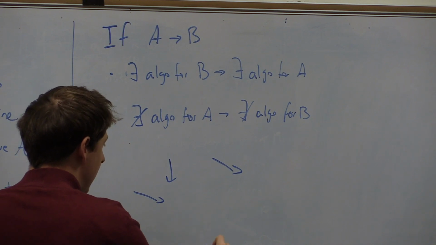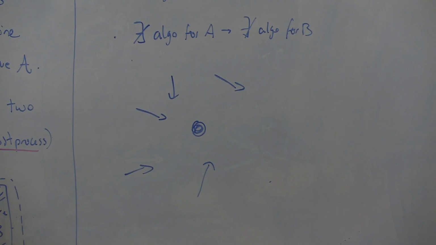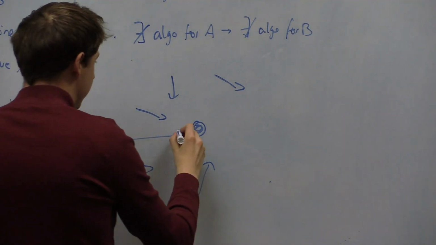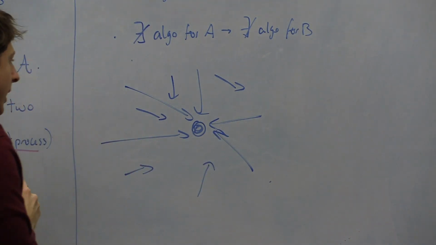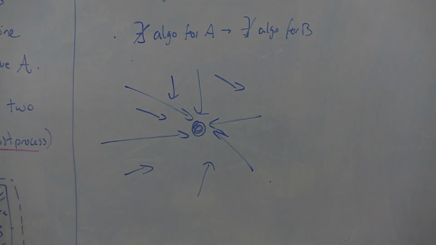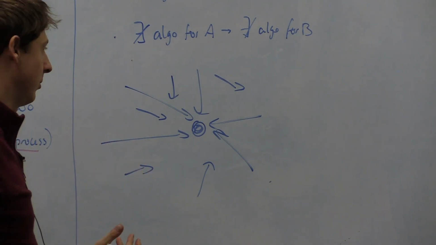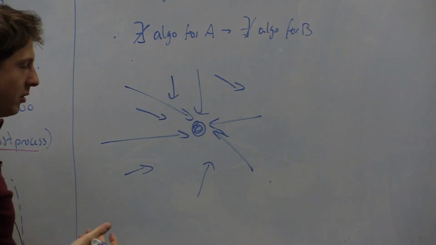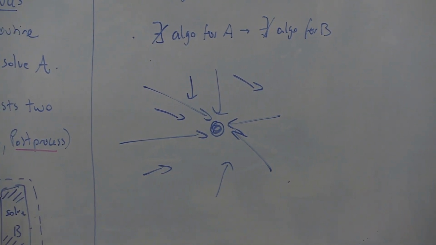But there are some problems that are more central than others in that many problems reduce to them. And if many problems reduce to them, it means they're really more central, because solving those problems is at least as hard as solving any other problem. Or put another way, solving those problems is tantamount to solving every other problem that reduces to it.